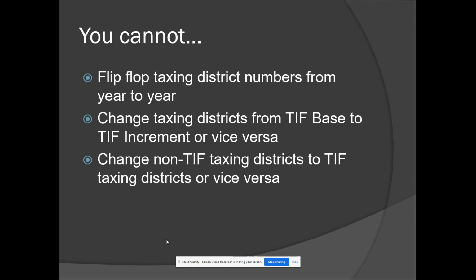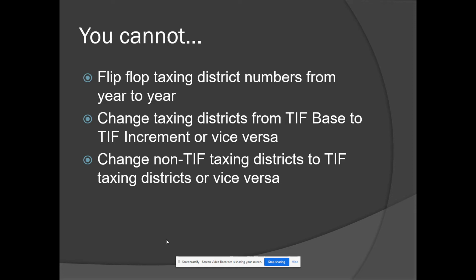So if that 00123 was a base in year 2019, in 2020 you can't make it an increment district in your system. And you also can't change non-TIF taxing districts to TIF taxing districts or vice versa. Same thing, that tax district 00123, if it was a TIF base district and you tried, in the following year, to make it a regular tax district, same number of a tax district but a different type, the system's not going to let you do that.